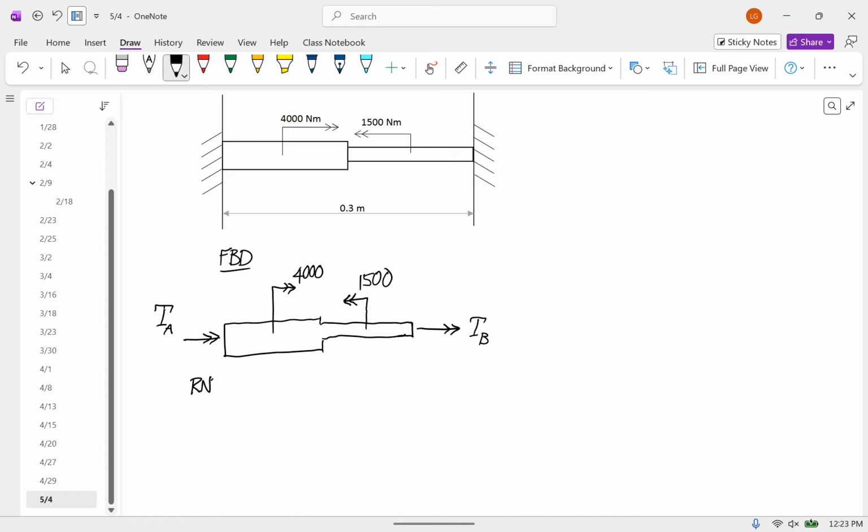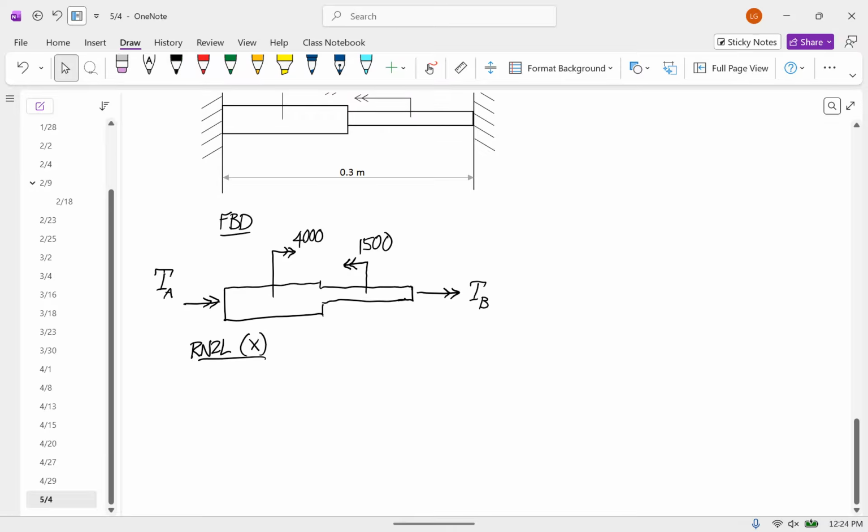And rotational Newton's second law, looking only at x components of moments, we have fancy TA plus 4,000 minus 1,500 plus TB is equal to 0.